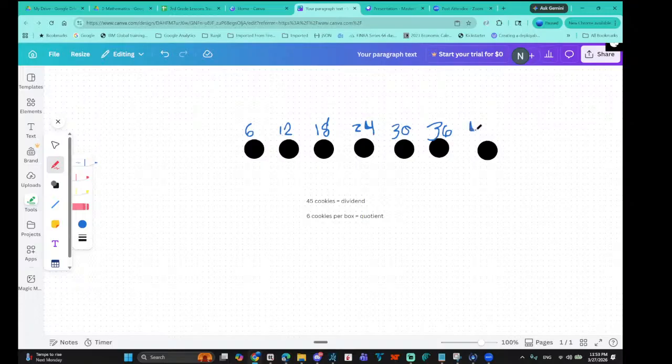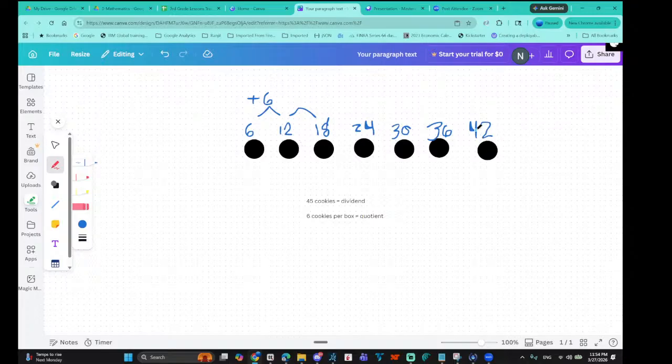So as you can see, we have reached a stopping point, because all of these are getting added by 6 each time, because there are 6 cookies and this equals a box.